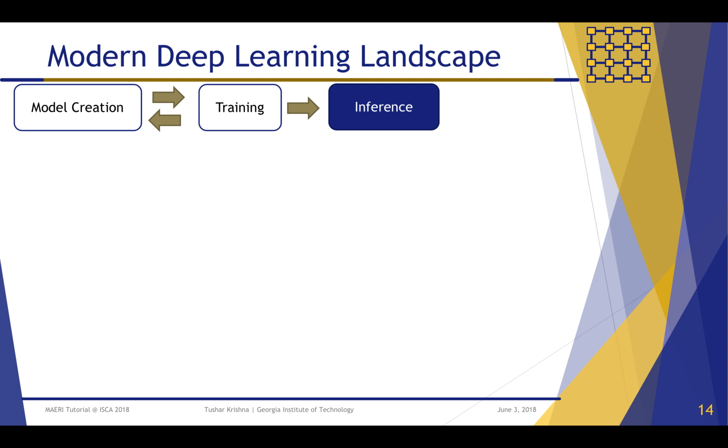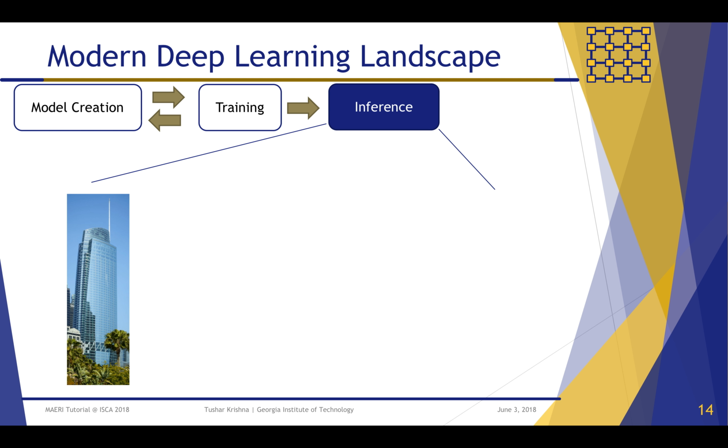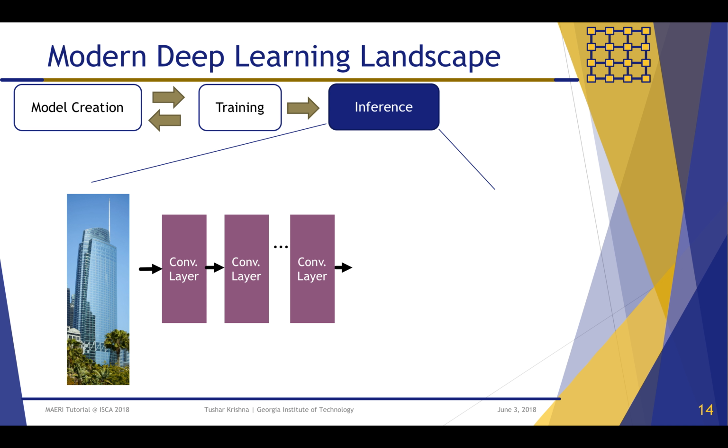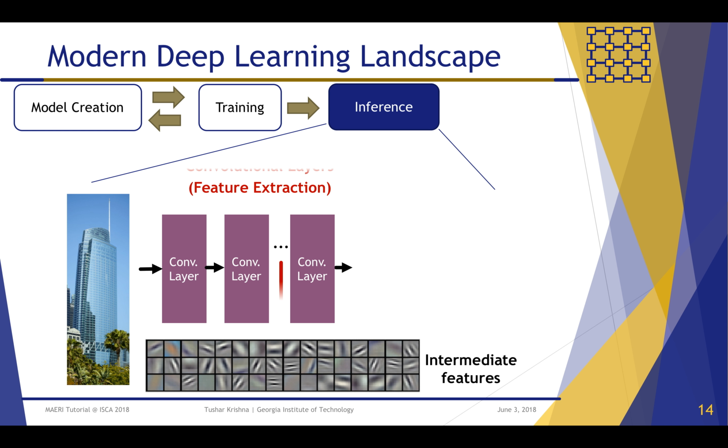So where does this fit within the modern deep learning landscape? I talked about these 3 steps in the landscape today. I mentioned we're going to be focusing on inference, and let's see what happens in inference. Let's say I give an image to a deep neural network which has multiple layers. There are often a lot of convolutional layers in deep neural networks today, which allow you to extract features from your image.